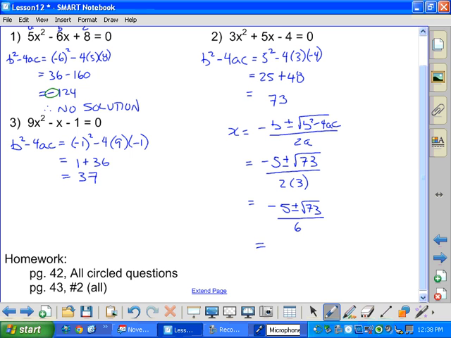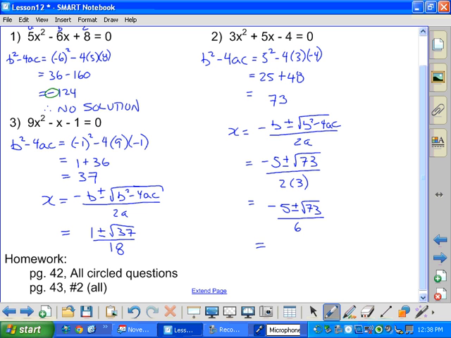So here again, we're going to have two solutions. x equals negative b plus or minus the square root of b squared minus 4ac over 2a. So it would be 1 plus or minus the square root of 37 over 2 times 9, so that's 18.